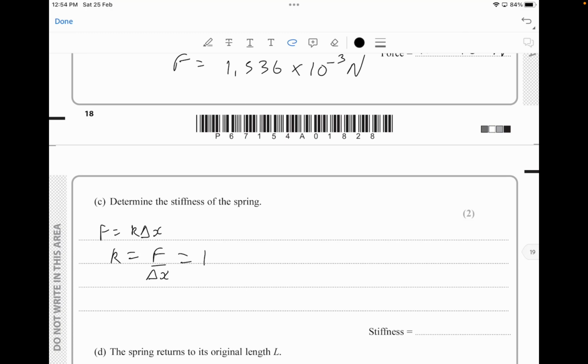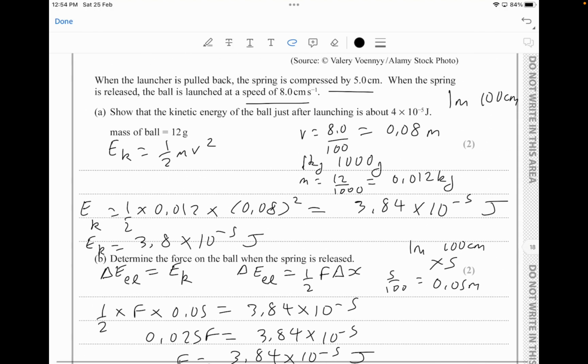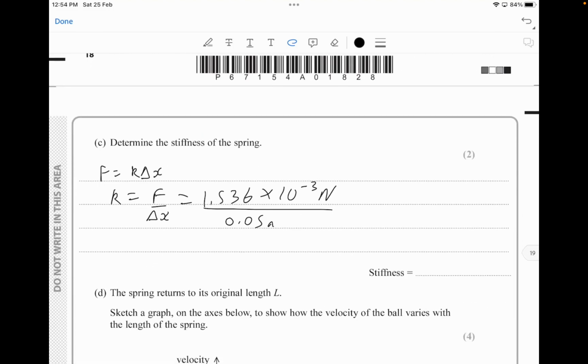The force is 1.536 times 10 raised to the power negative 3 newtons divided by the change in x. Since we know the compression of the spring is about 5.0 centimeters, it becomes 0.05 meters. So the stiffness is 1.536 times 10 raised to the power negative 3 divided by 0.05.